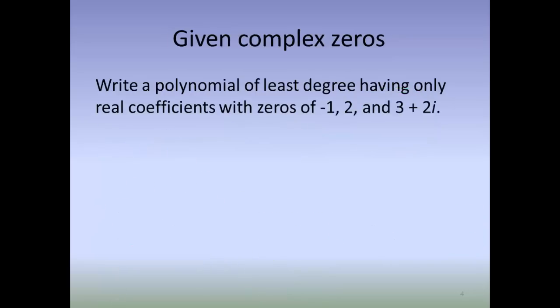All right, this time I'm going to be given some complex zeros, so I've got some imaginary numbers. Once again, I want a polynomial of least degree having only real coefficients and the following zeros: negative 1, 2, and 3 plus 2i. Okay, similar to the last one, imaginary numbers came from reducing radicals.